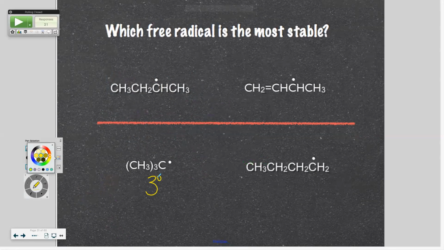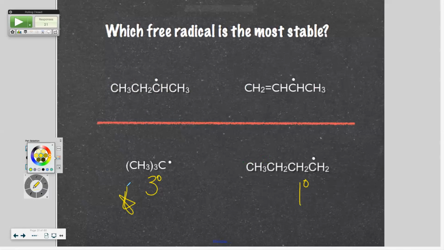Tertiary. What's this one? Primary. Which one do you think is more stable? Tertiary. It doesn't matter that this has 3 carbons going out. There's only 1 next door to the carbon with the free radical. This is a tertiary, that's a primary.